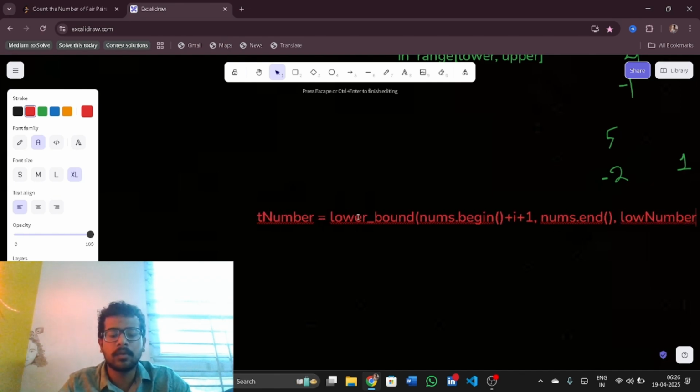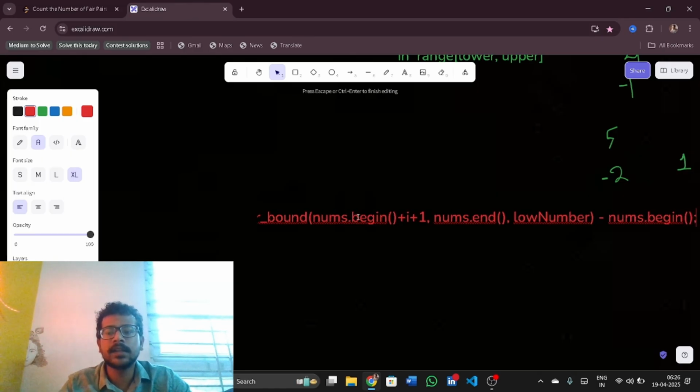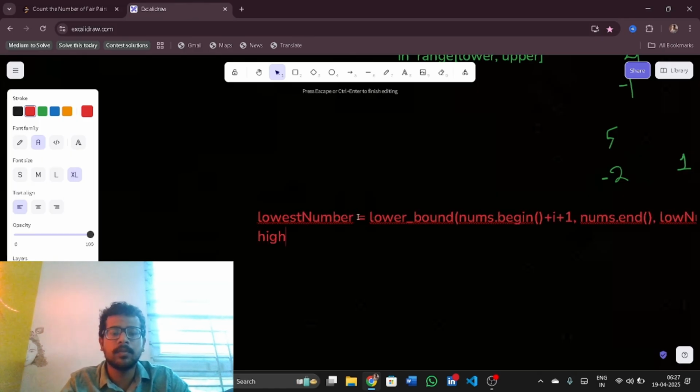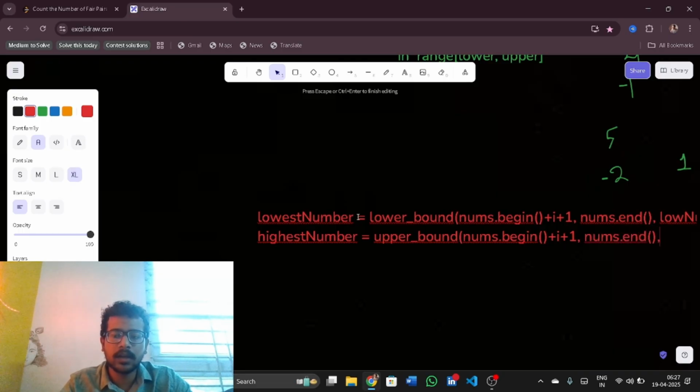Let me name it as low number, and I am removing nums dot begin. This is how the lowest number will be, and the highest number will be upper bound of nums dot begin plus I plus 1 comma nums dot end comma high number.